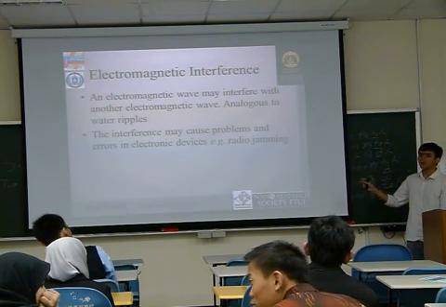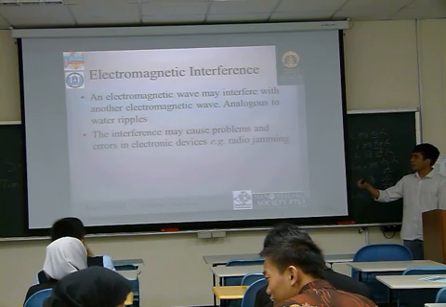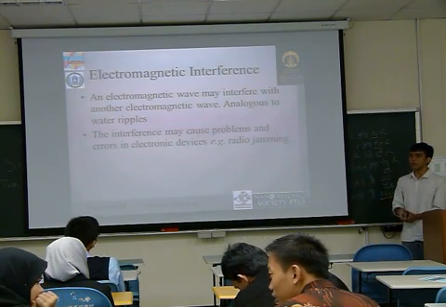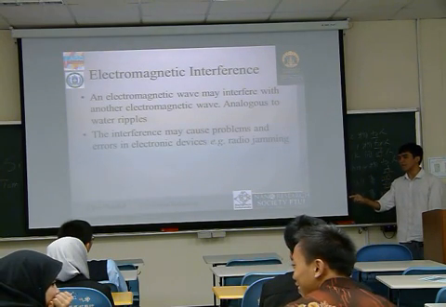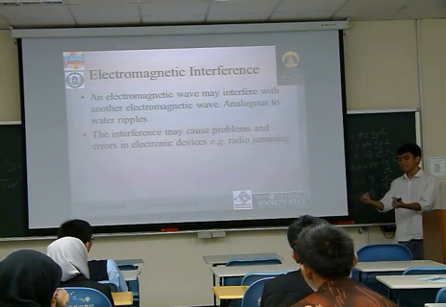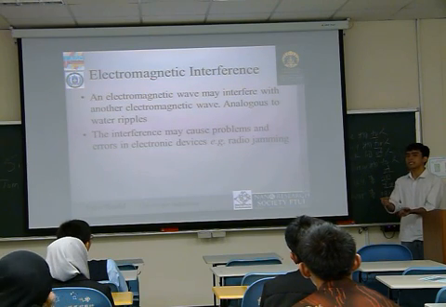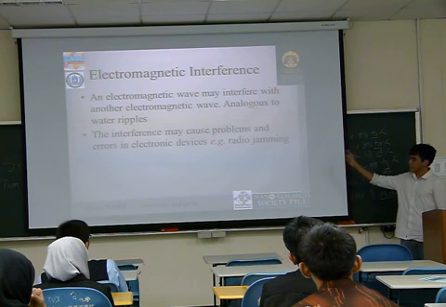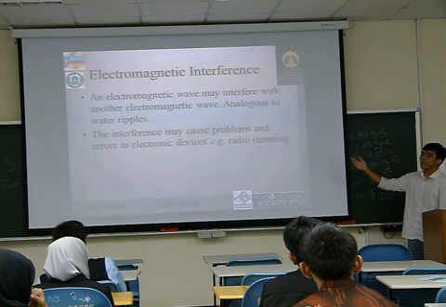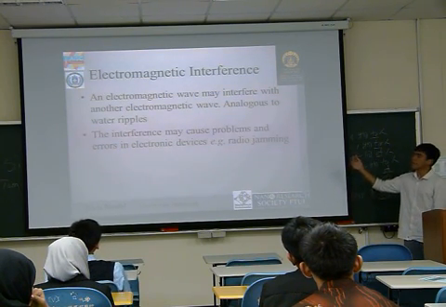It's analogous to the water ripples that you see when you touch your finger on water, and you touch another part of the water with your finger, and the ripples start to interfere. That's analogous to this case of electromagnetic wave interference.